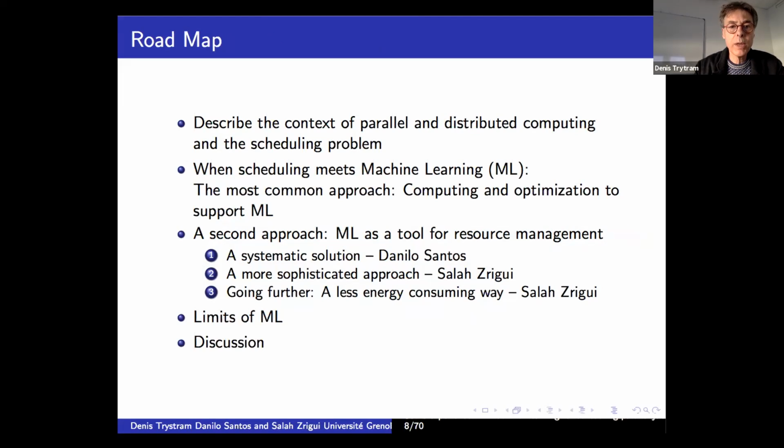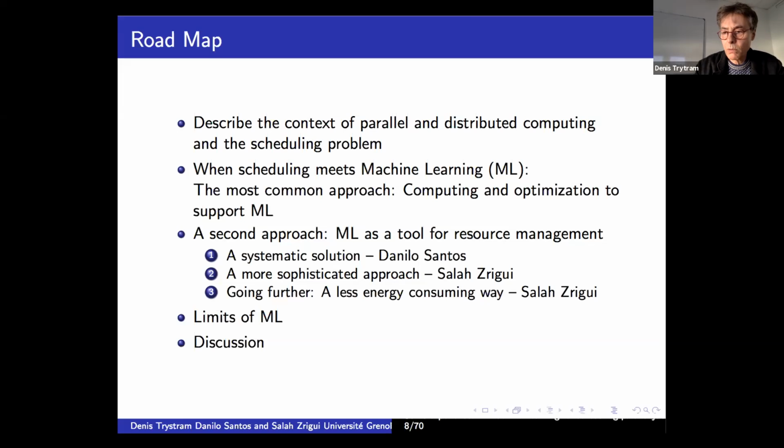And then when we meet machine learning, we did not develop the most common approach, which is computing and optimizing something to support machine learning. There were a lot of studies at the very beginning by taking an algorithm in machine learning and optimizing it on GPUs or sets of GPUs.